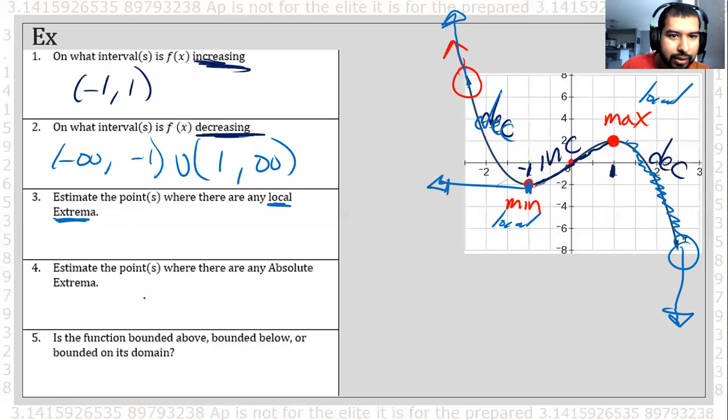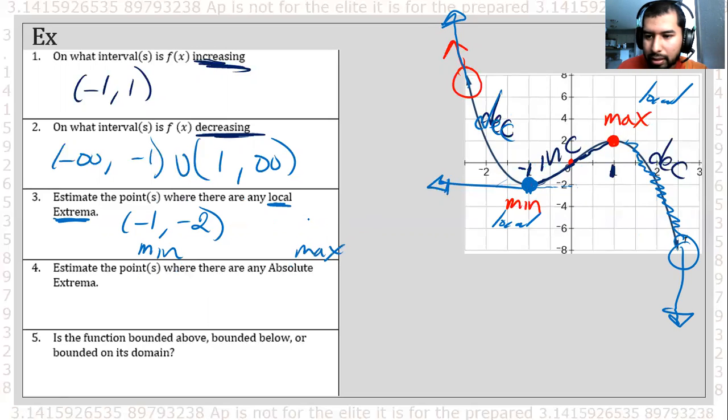So this is local extrema, and you can put that point. That point right here is my x value, -1, comma, and my height is -2. So the location, that is my min, and my max is this point right here, which appears to be 1 to the right, 2 up. So it's going to be 1 and 2.